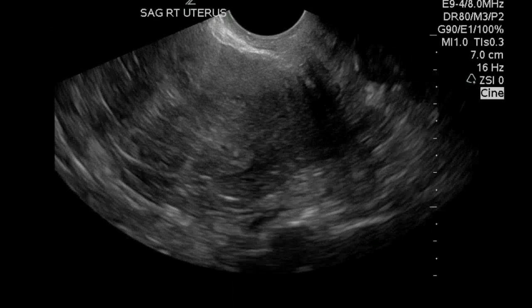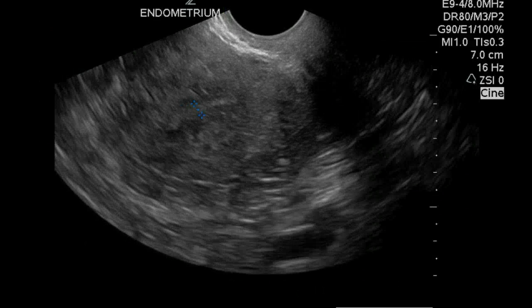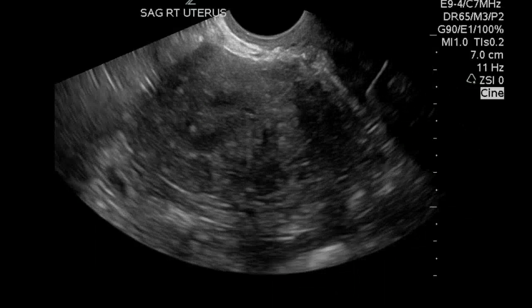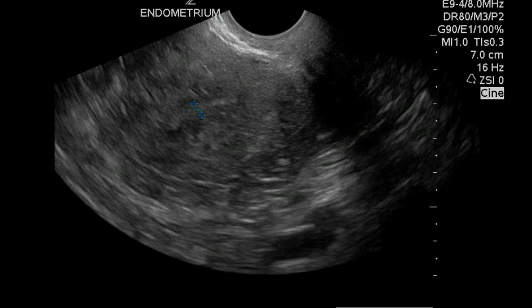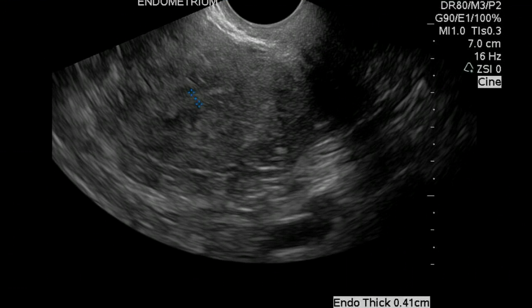And moving forward, I haven't looked at any cine clip images yet, but to me this looks like it's probably the endometrial canal. And if we throw a measurement on it, 7.9 millimeters. But I notice the sonographer is measuring the endometrium, and I'll move this down a little bit so you can see she's measuring it at 4.1 millimeters.